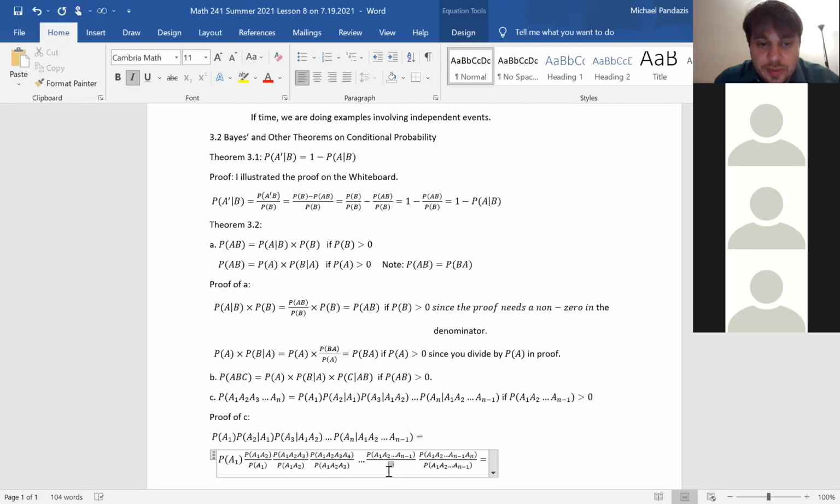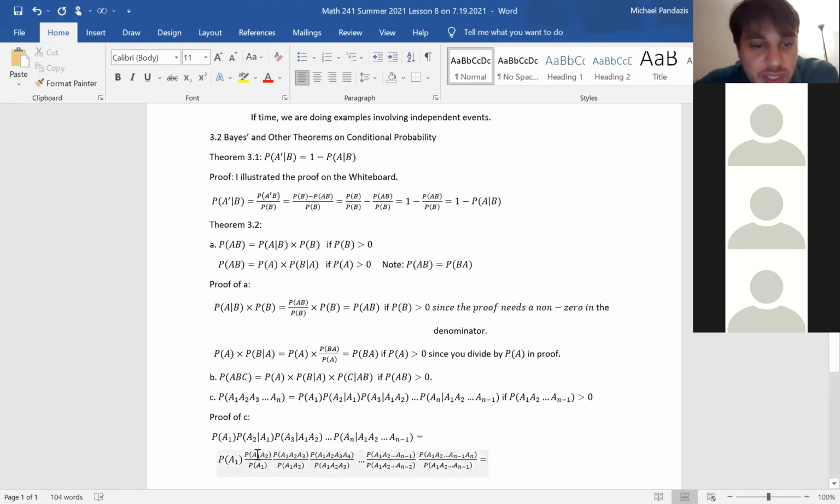And this would be P of A1, A2, dot, dot, dot, and it would actually end at the one before it. It would be n minus 2 here. Okay, and so I just added a few more terms. So you can see this cancels with this, cancels with this, would cancel with the next one, dot, dot, dot.